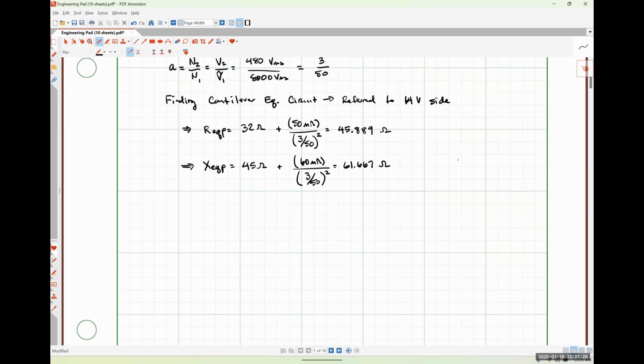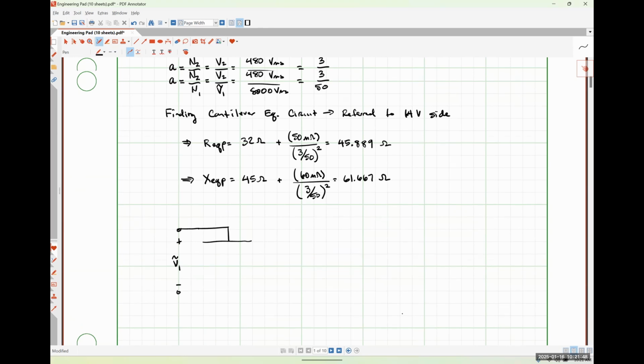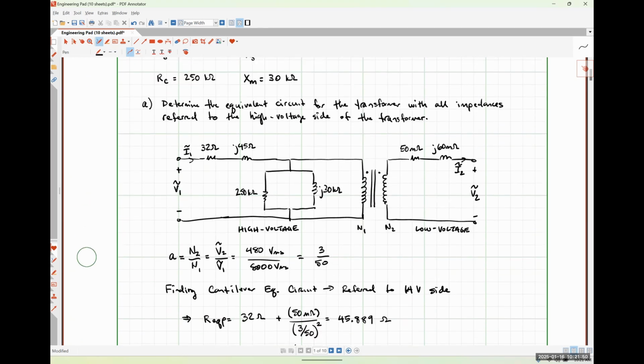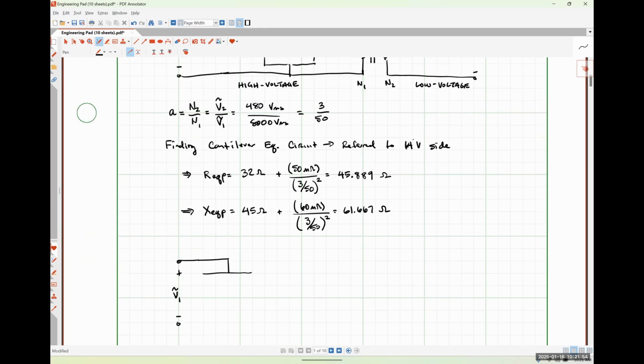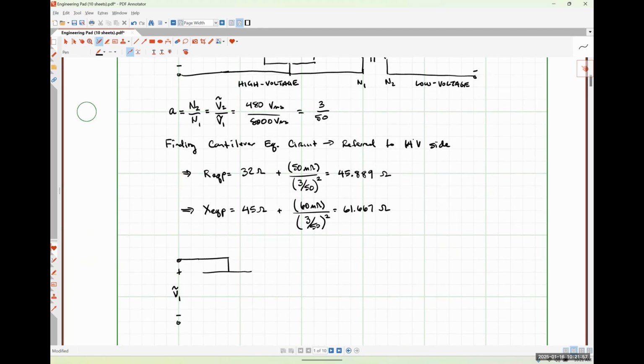So putting these pieces of information together, our cantilever equivalent circuit would simply be this right here. So here's V1. They will once I actually draw them in, but I was only looking at the reactances. So up here, when I had all of my inductances, I put the J. When I'm doing the math, I don't need to worry about the J. I'm just going to tack that on at the end.